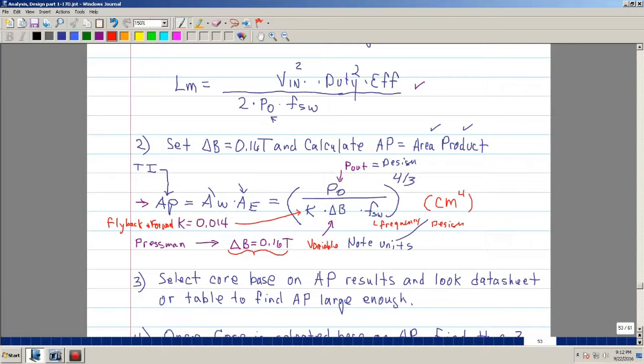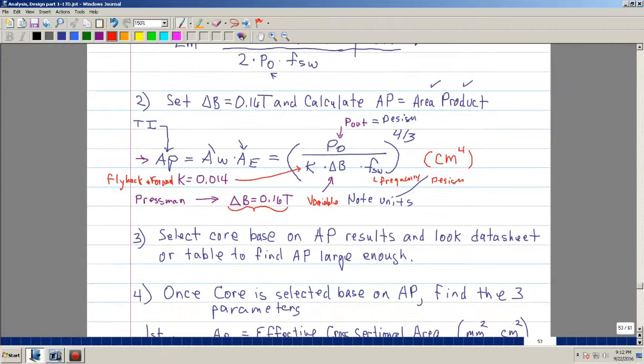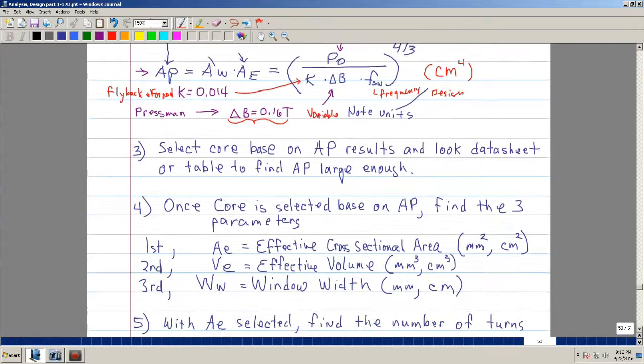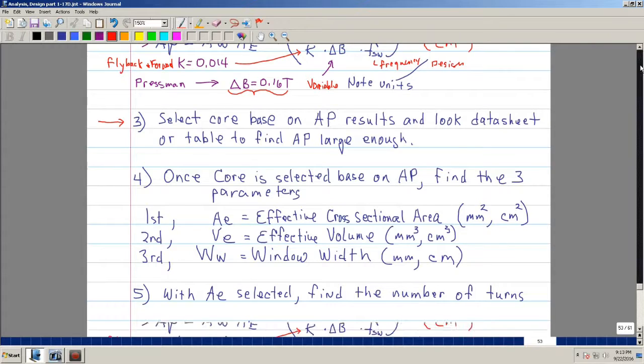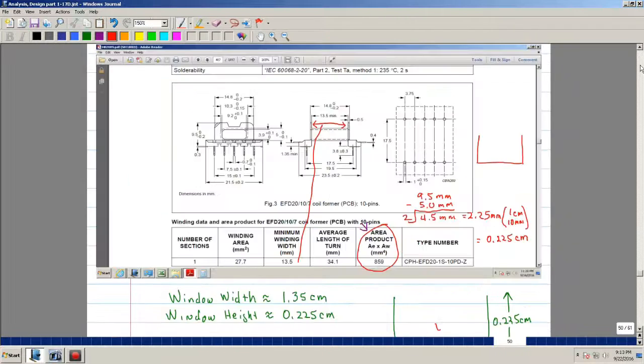Once you have the area product, you go to the third step. You select a core based on your AP results, and you look at a data sheet or a table to find an AP that's large enough. So let me go back up to my table.